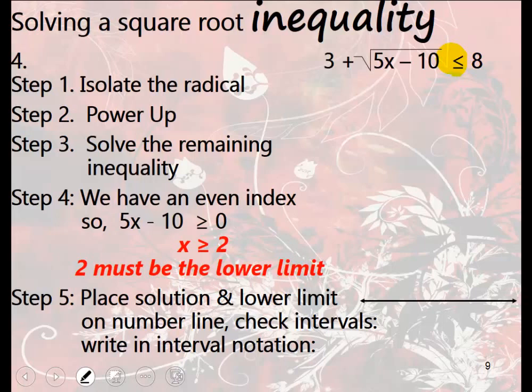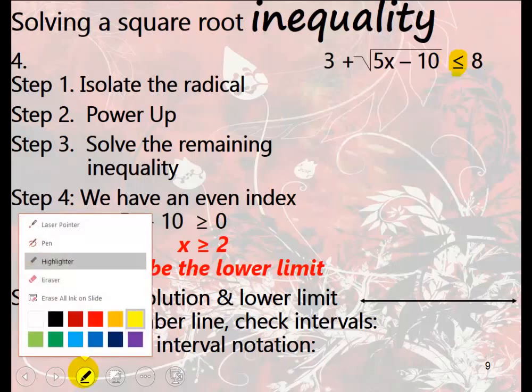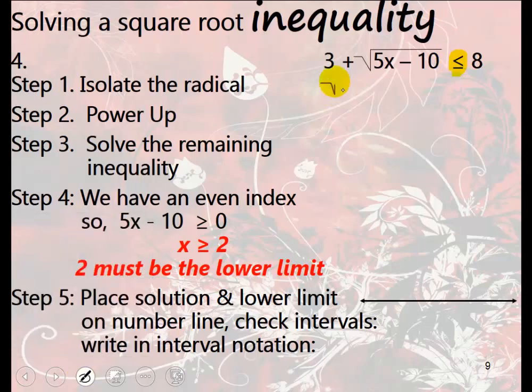I'm going to isolate, and so when I do, I get the square root of 5x minus 10 is equal to 5. I subtracted 3 from both sides to get there. And now I'm going to power up. I'm going to square both sides.